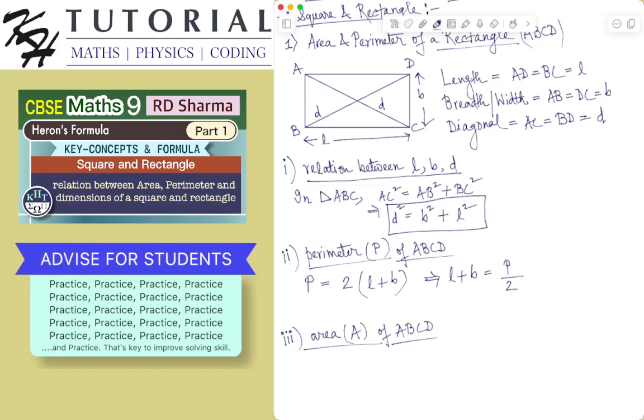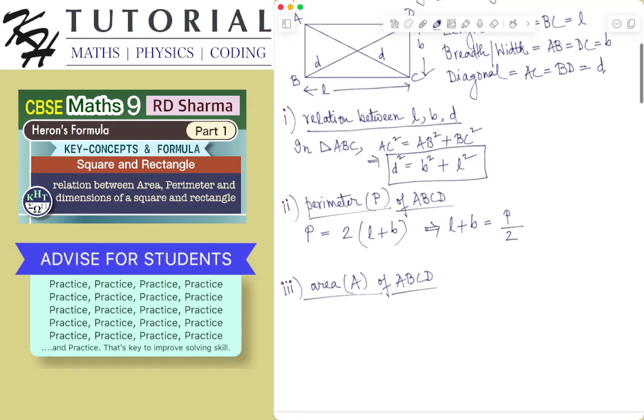These small observations you must also keep in mind. You know perimeter is 2 into length plus breadth, then what will be the sum of the length and breadth of a rectangle? It will be perimeter by 2. So if you are given the perimeter and asked for the sum of the length and breadth of the rectangle, it will be P by 2.